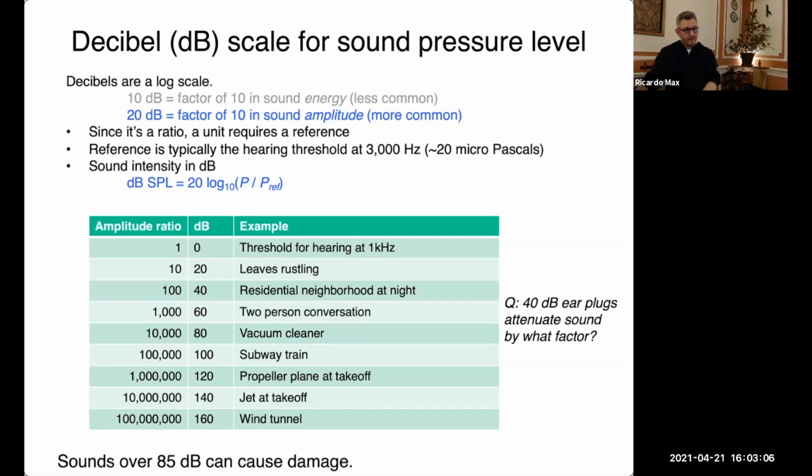This reference is the minimum threshold. The 0 is the minimum threshold for a 3000 hertz sound, a pure tone. A Pascal is a unit of pressure, for a given height from the surface of Earth.